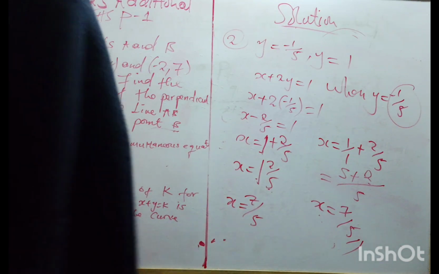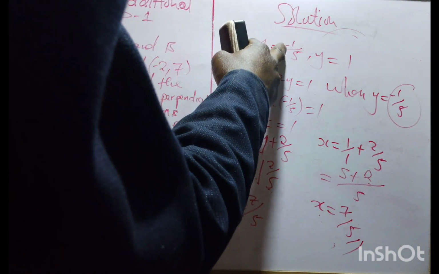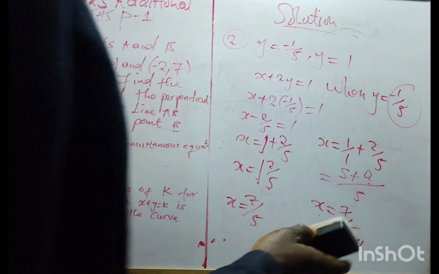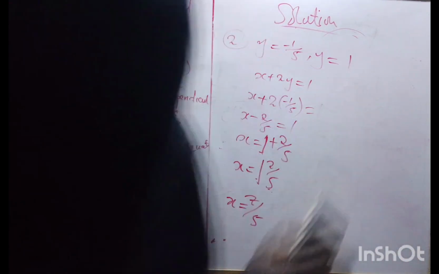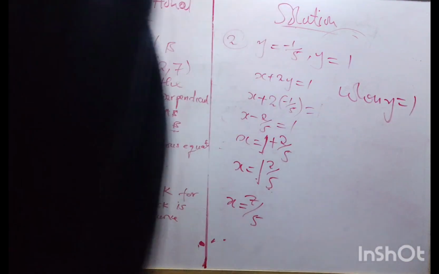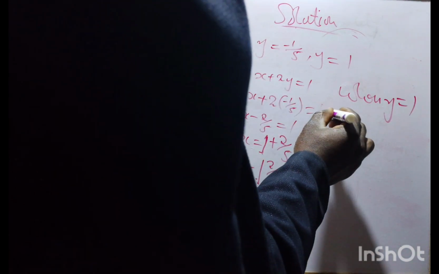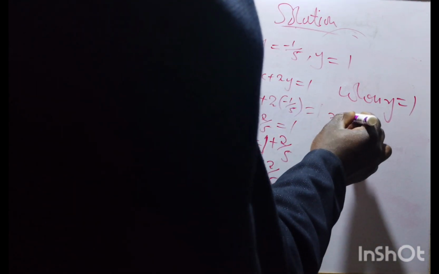Okay, so this is the other value of x when y equals negative 1 over 5. So now let's find the value of x when y equals 1. Okay, in which we're going to take this equation, which is x plus 2y equals 1, where y is substituted with 1.